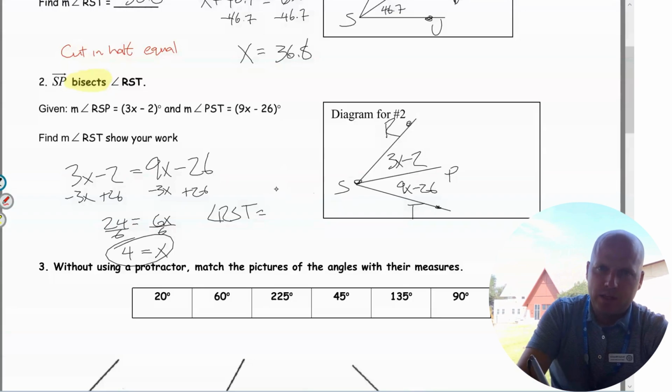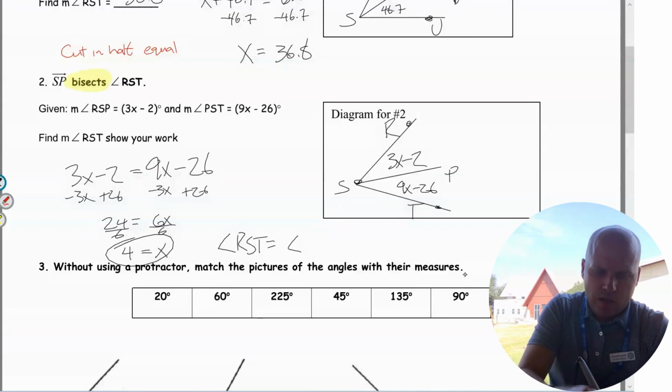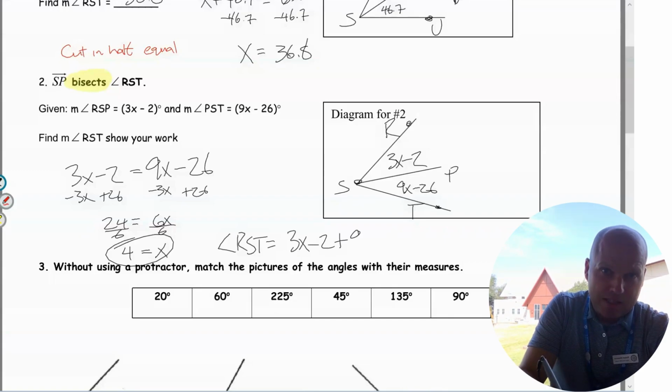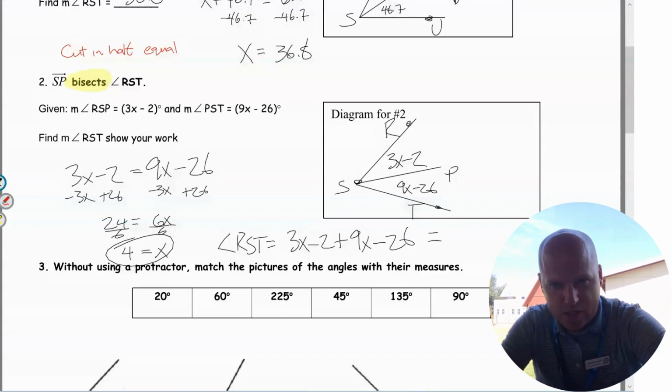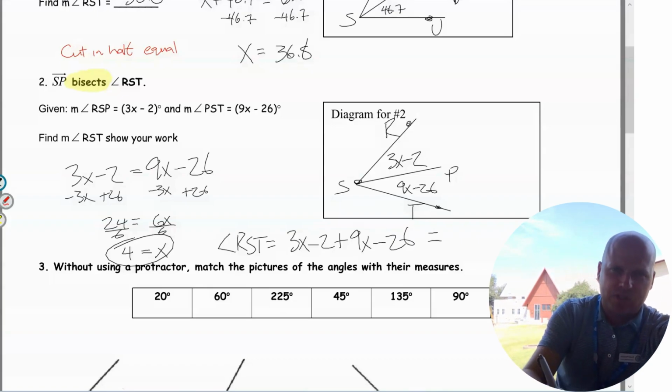Or let's say that didn't make sense to you. This is very similar to what a lot of students were struggling with in my class. You could say RST has to equal 3x minus 2 plus 9x minus 26. You can add those two expressions together and set it equal to something else.